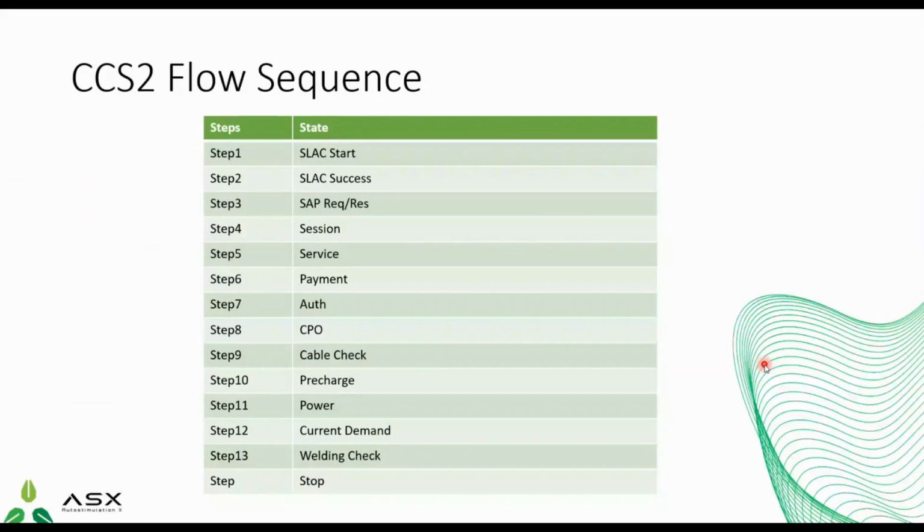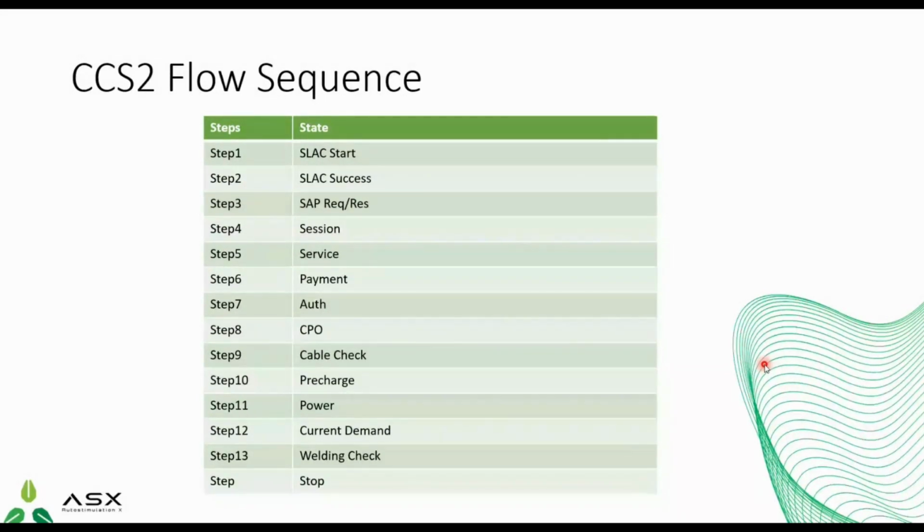So what is the flow of the CCS2? Basically, we are dividing it up into like 14 requests, the success levels of the CCS2 flow sequence.